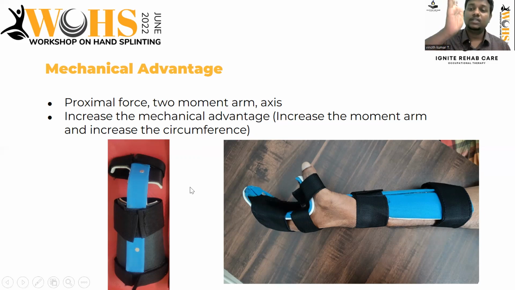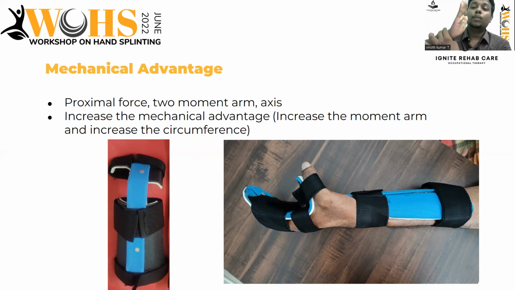The wrist joint will have around 200 or 250 grams, and this weight will come over the metacarpal bar of the cock-up splint.